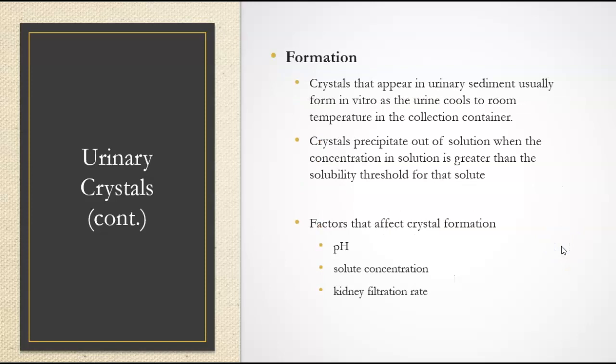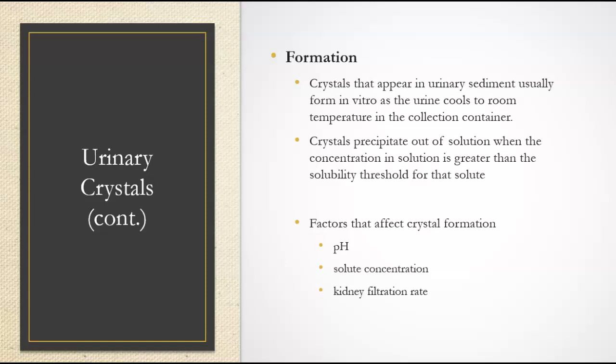Crystals will typically form and appear in urinary sediment in vitro as the urine cools to room temperature in whatever container it was collected into. They will precipitate out of solution when the concentration in the solution is greater than the solubility threshold for that solute.